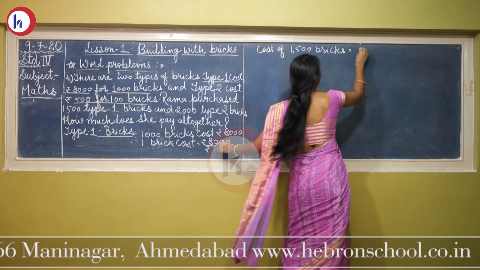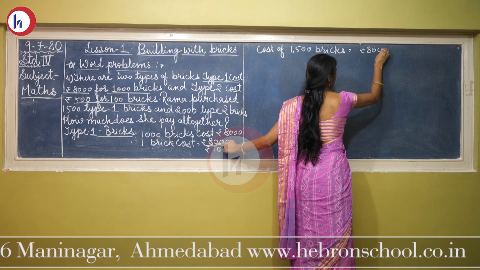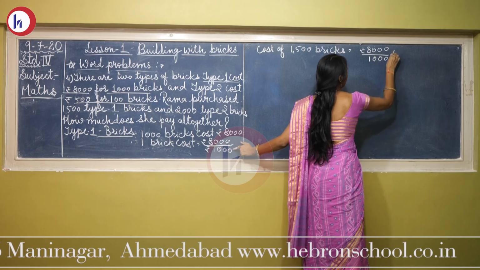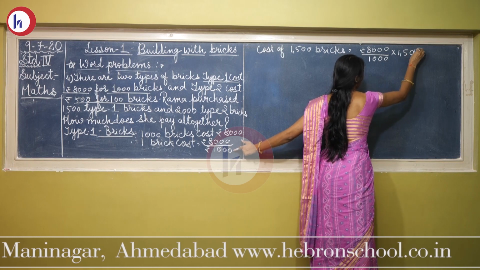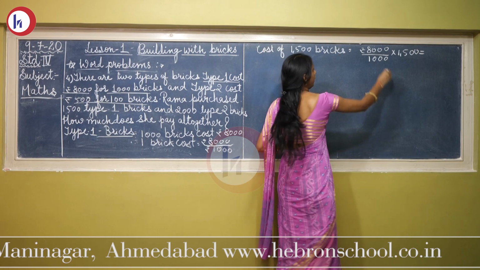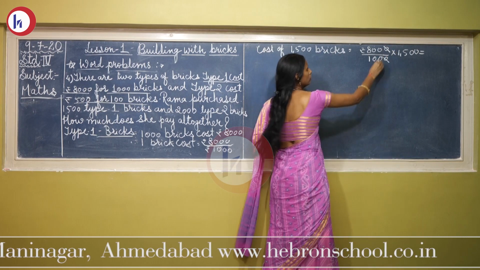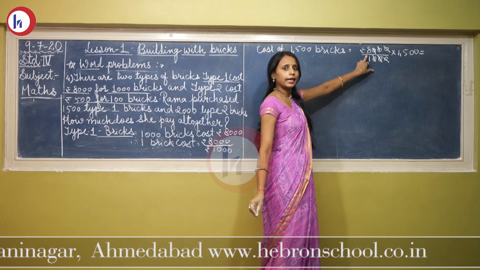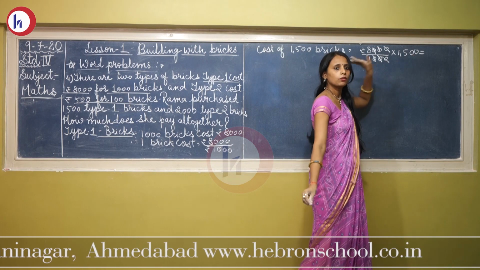So rupees 8,000 divided by 1,000 multiplied by 1,500. Here is 3 0s, here is 3 0s. Then this 0 will be cut from this 0, again cut, and this 0. Now, 8 remains, and here is 1,500.